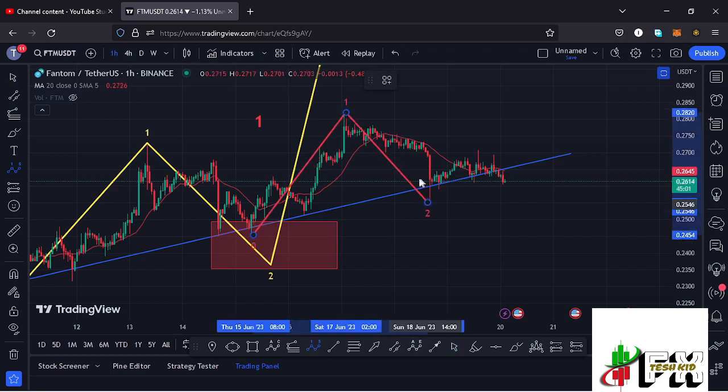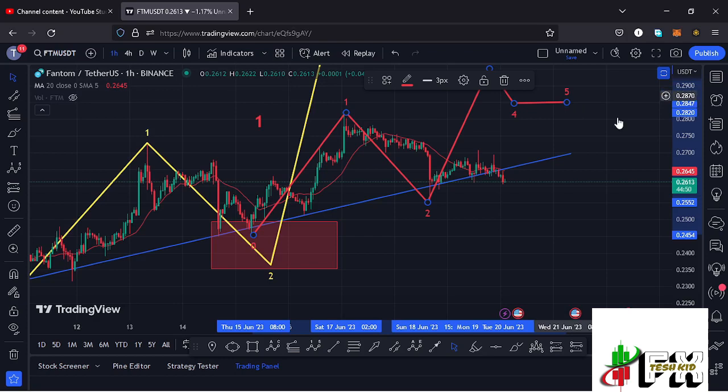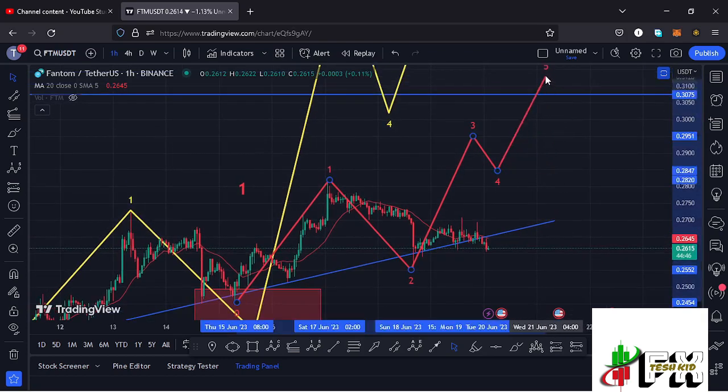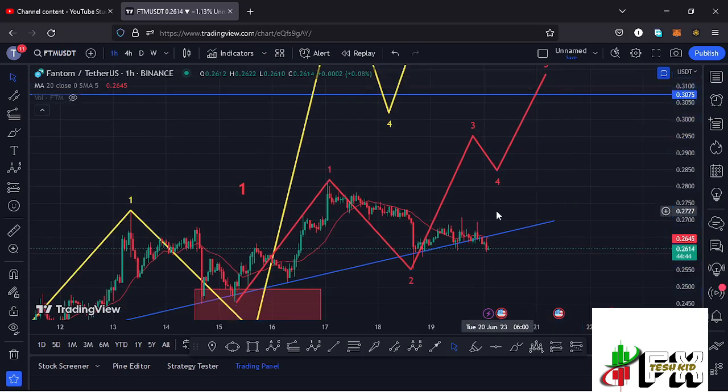And I believe that soon we are going to see a reversal over here to the upside in the formation of that wave 3 before we can expect a wave 4, then continue gearing up in the formation of that wave 5, fully maximizing our minimum target area at around the $0.34 mark.